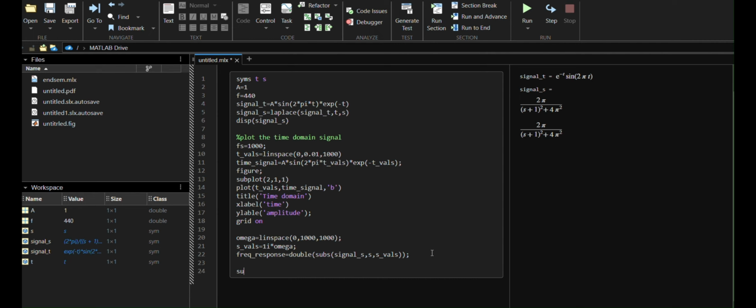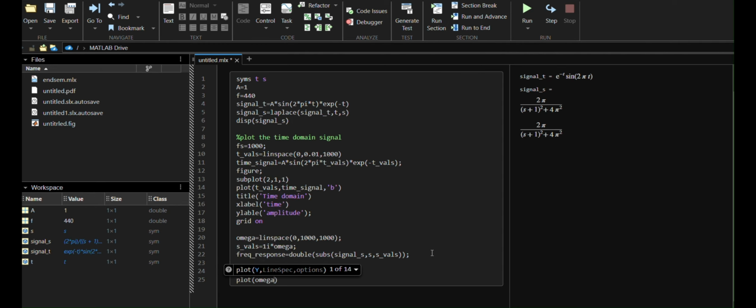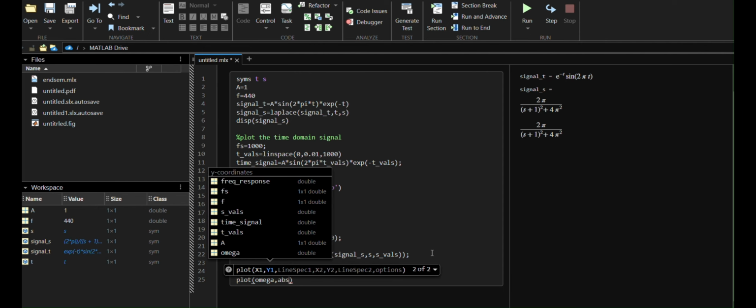Now again subplot. Now call upon the function subplot 2 comma 1 comma 2. So plot the frequency graph, omega comma absolute.